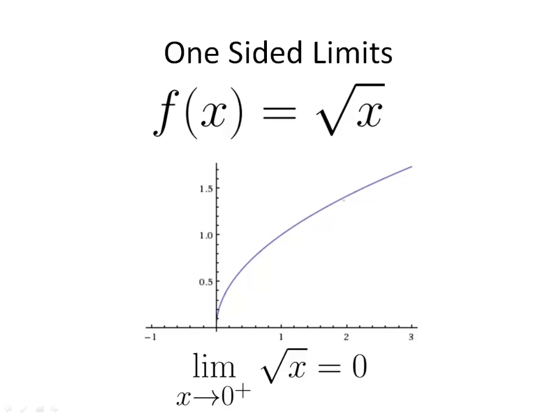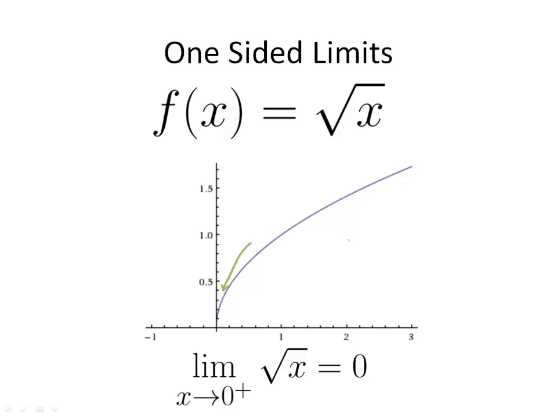One-sided limits. Sometimes you can't come from the left side. For example, here in our function, square root of x, it only comes from the right side. So if we're approaching it from the right side, it equals 0, right? But we can't come from the left side.